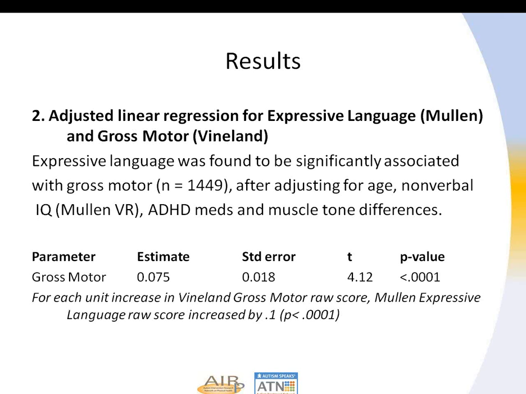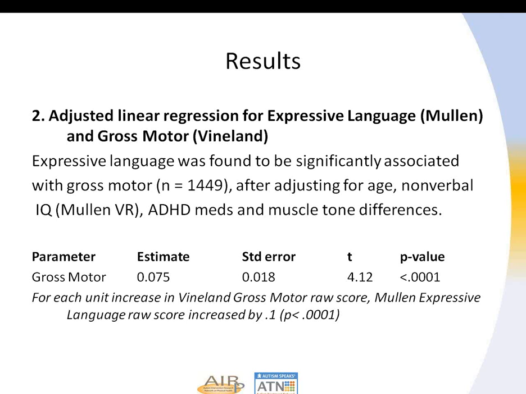As far as expressive language and gross motor measured by the Vineland, a comparison there found these two variables also to be significantly associated, adjusting again for age, nonverbal IQ, ADHD meds, and muscle tone differences.